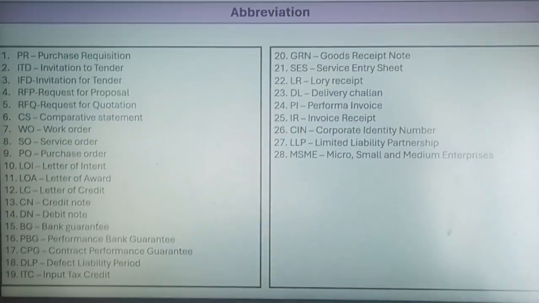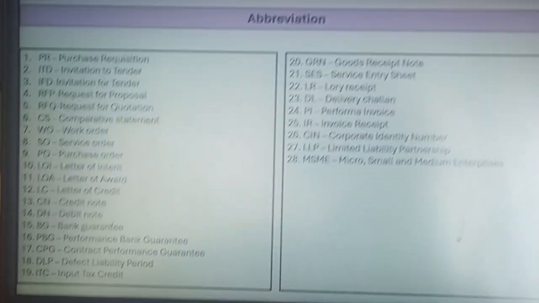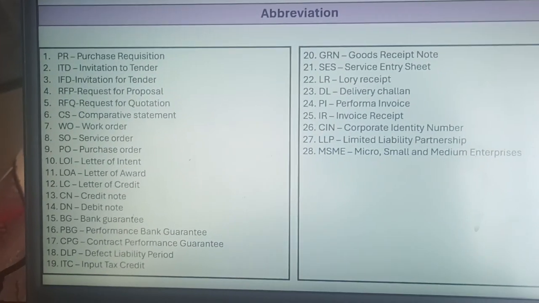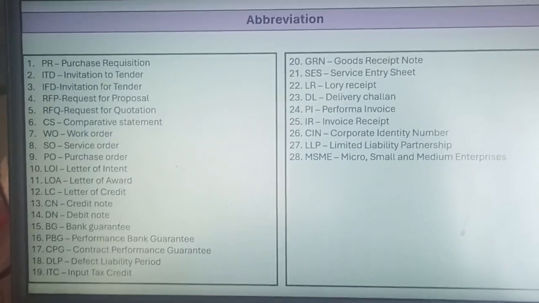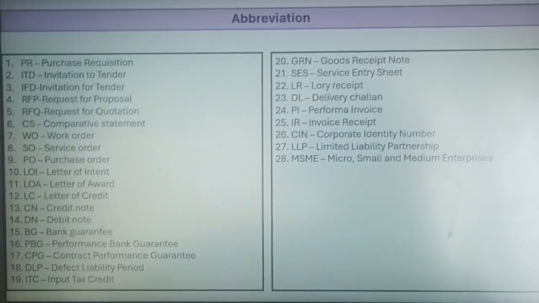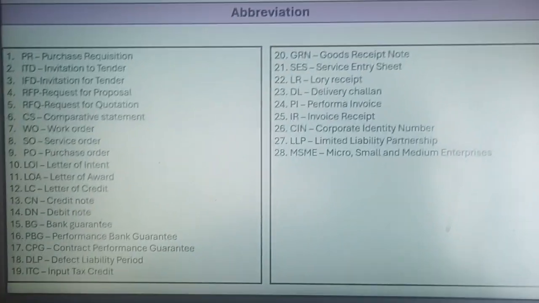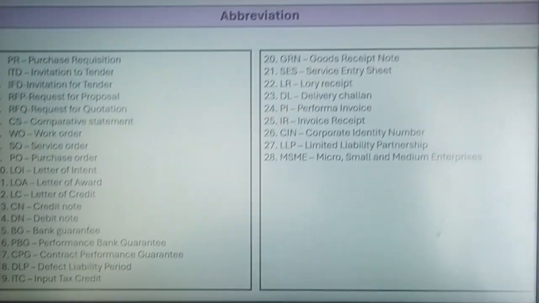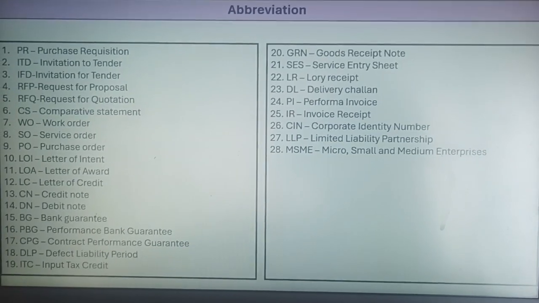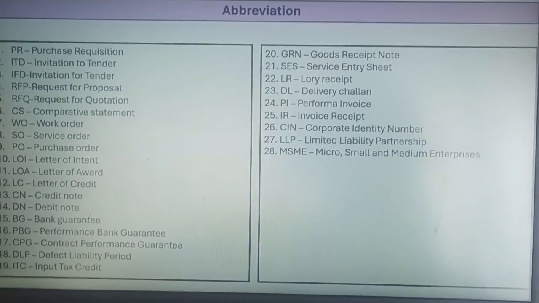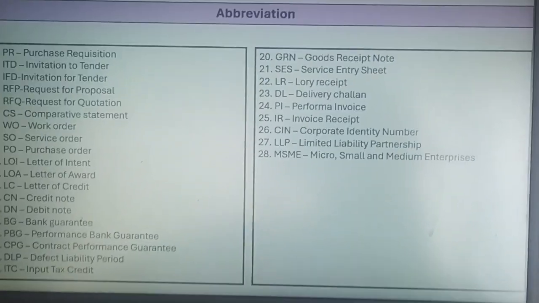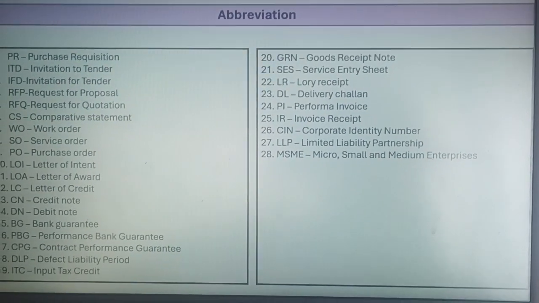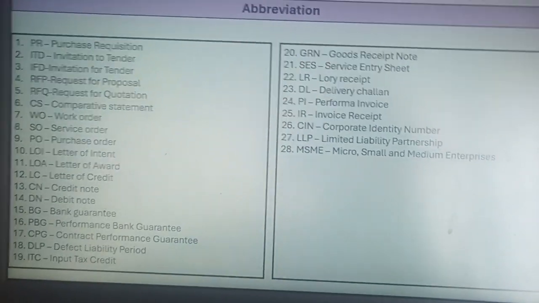MSME is micro, small, and medium enterprises. You should know the full form of MSME, because when any company registers a new vendor into their system, it is a must to know about the micro, small, and medium enterprises certificate.